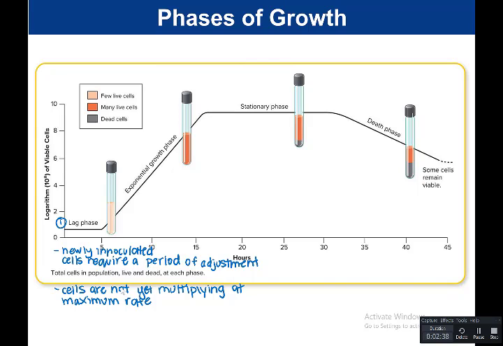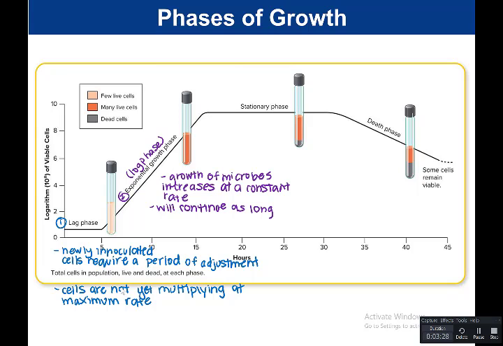The next phase is the exponential growth phase, or the log phase. You'll also hear it called the log phase. So that's the second phase. This is where growth of microbes increases at a constant rate. And this will continue as long as cells have adequate nutrients and the environment is favorable.